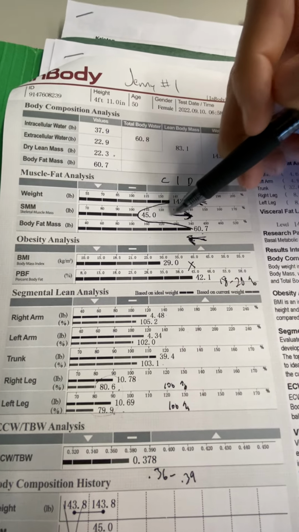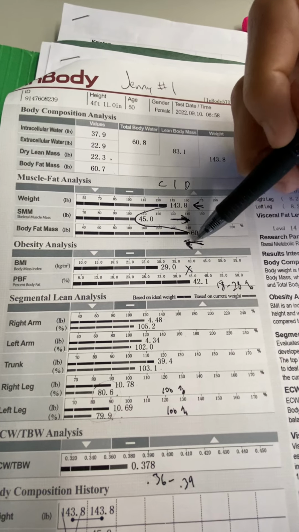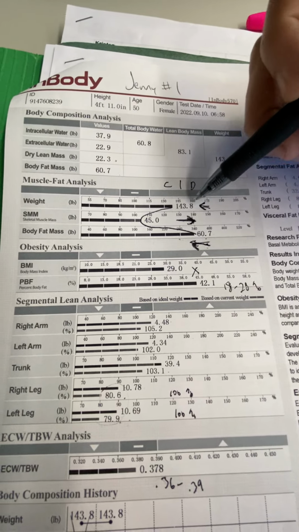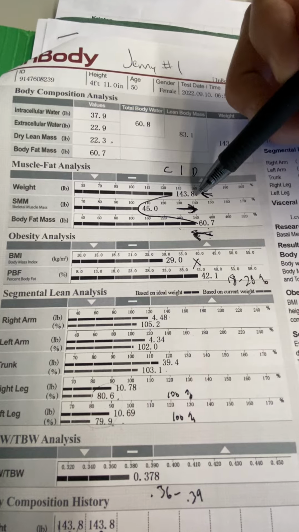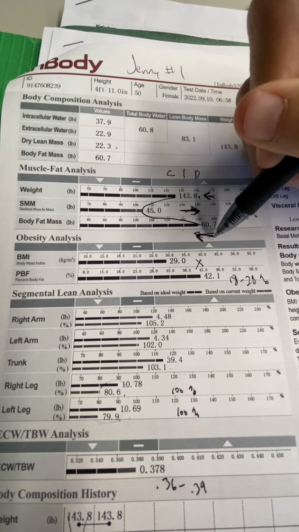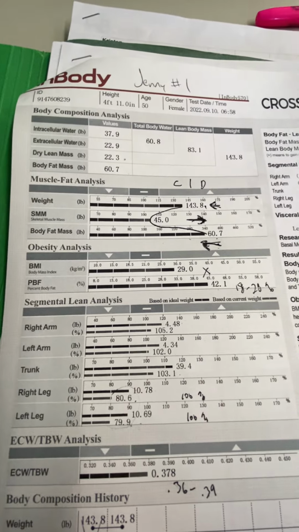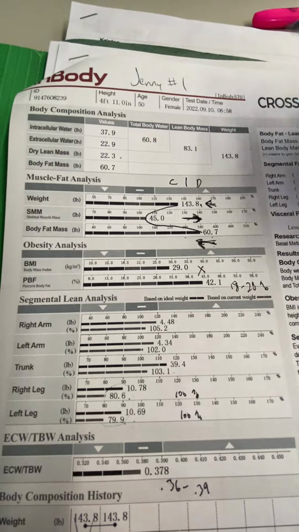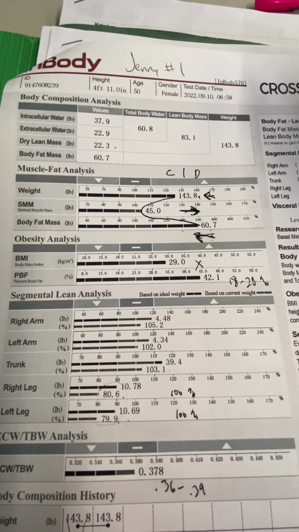So let's say you gain like 5 pounds of skeletal muscle and you lose like 20 pounds of body fat, then your net loss is only going to be 15 pounds. Does that make sense? So gain 5 pounds of muscle, lose 15 pounds of fat, net loss is 10 pounds. So you're sitting at 133. But that's a big difference. Okay? Hopefully that made sense.